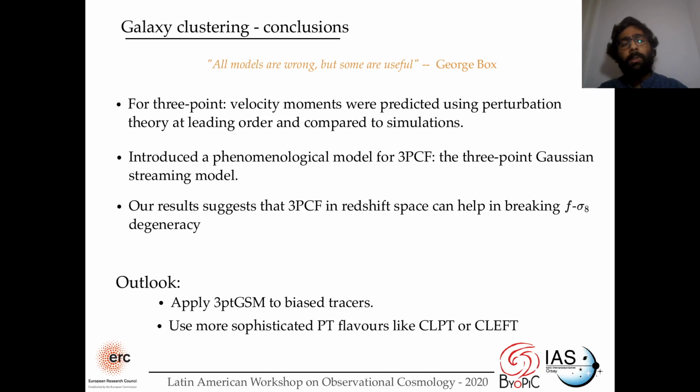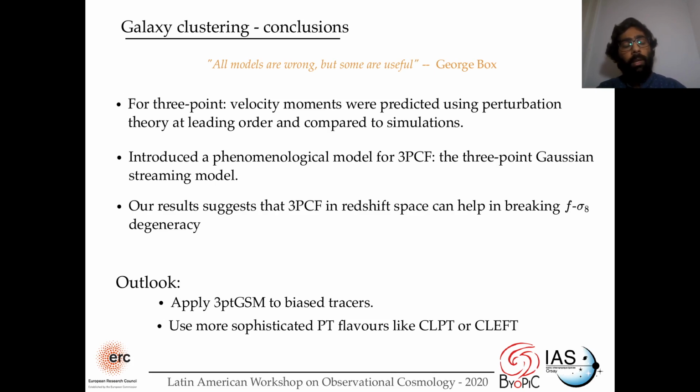We also show how the resulting phenomenological model is quite in agreement with the direct measurements from the simulations. In future, what could be done is to apply this model for the correlation function for halos or galaxies, that is the biased tracers.